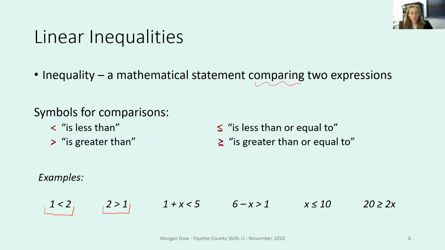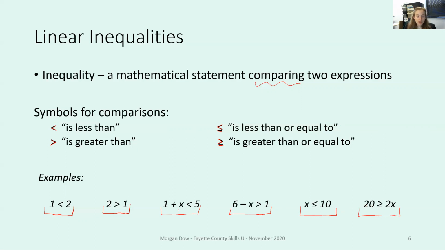We can have something with a variable in it. So we could have 1 plus some number is less than 5, or 6 minus some number is greater than 1. We could have some number that's less than or equal to 10, or we could have 20 is greater than or equal to 2 times x, 2 times some number.